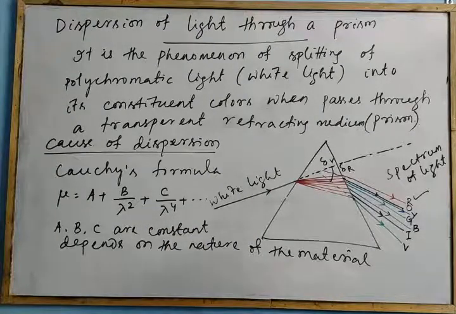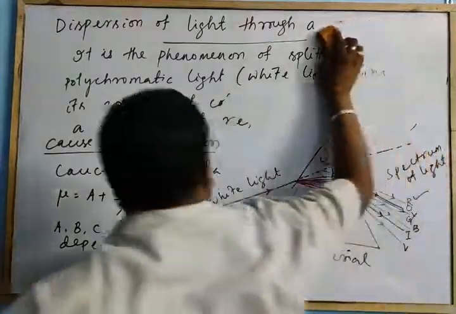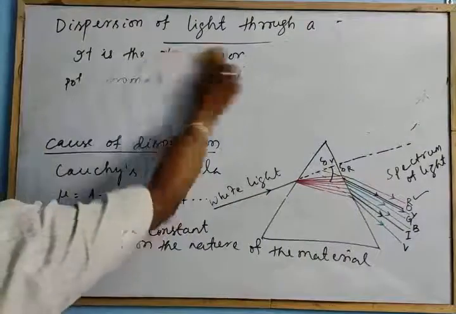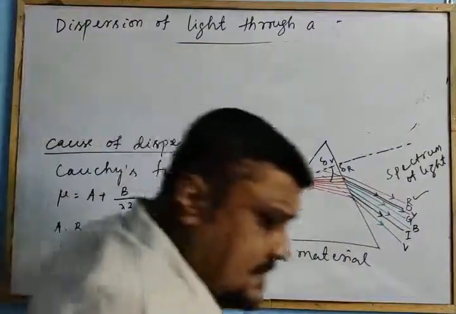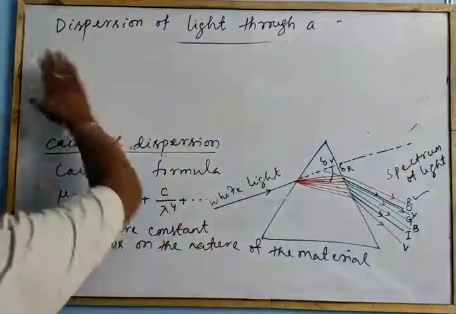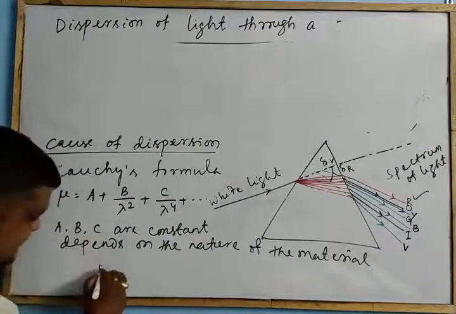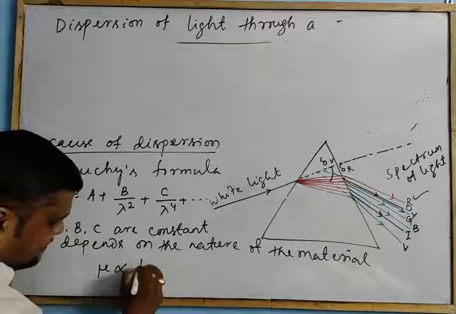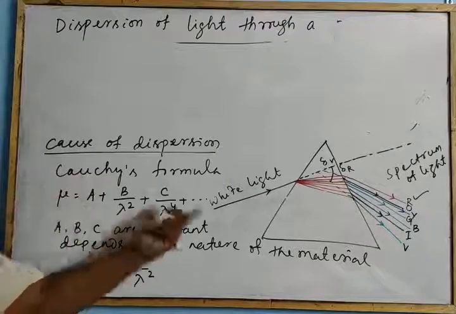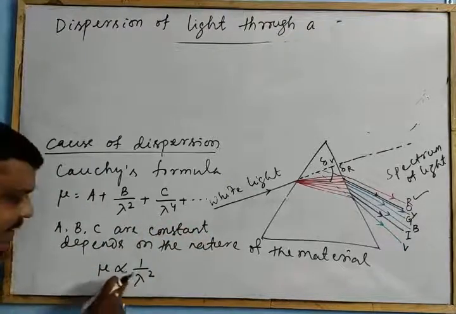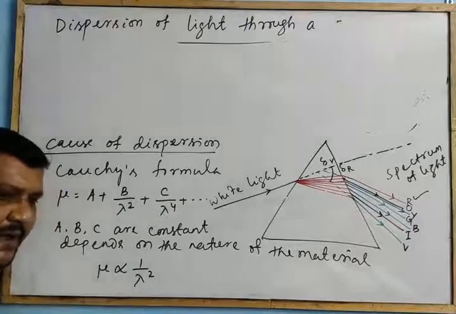So from this expression, the refractive index is inversely proportional to lambda square, lambda 4, like that. Means larger is the wavelength, smaller is the refractive index.